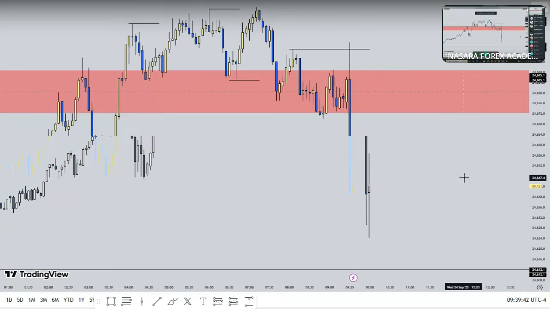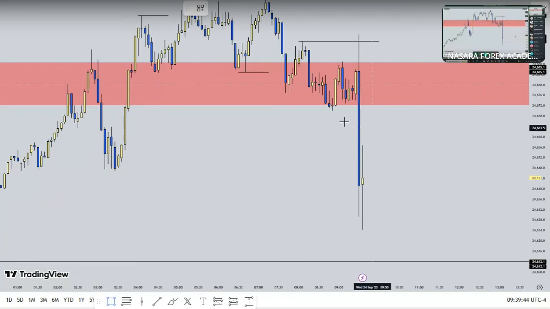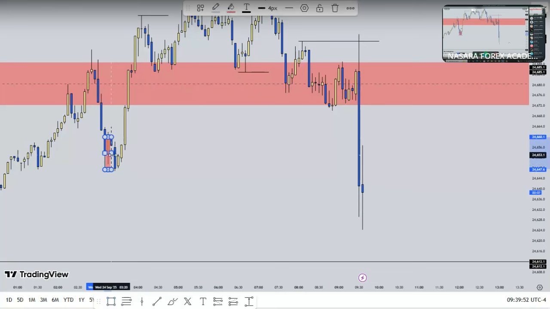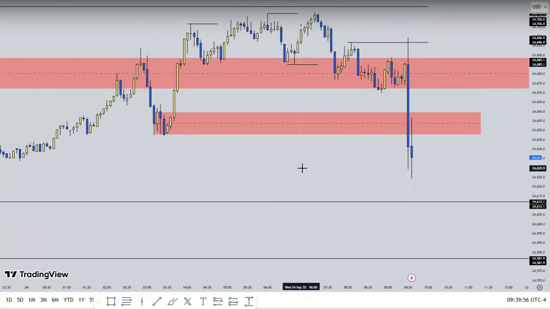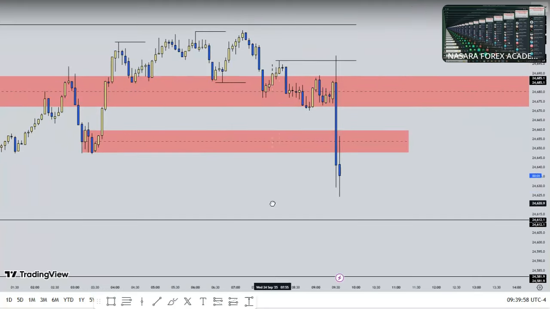We will be going into lower time frames. If we are to consider here, we have these blocks here. We will consider these blocks as a reference point actually. So we are going into the 1-minute time frame.